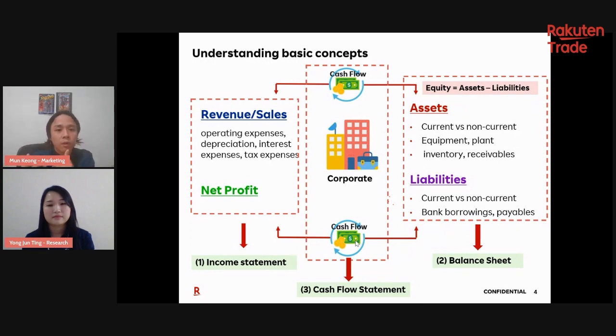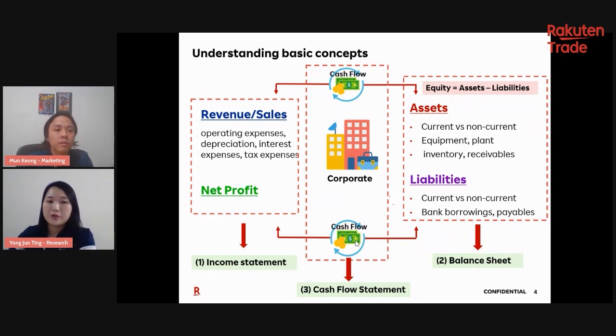So what you're trying to say is that, as a person who would like to know more about the financial health of a company, we cannot look solely at net profit. To get a broader picture, we have to look into their assets, liabilities, and possibly cash flow as well, right? Is that what you're going to tell us in this slide? Yeah, and from those reports, you're able to link all the numbers together and see whether it's worth investing in that company or not.